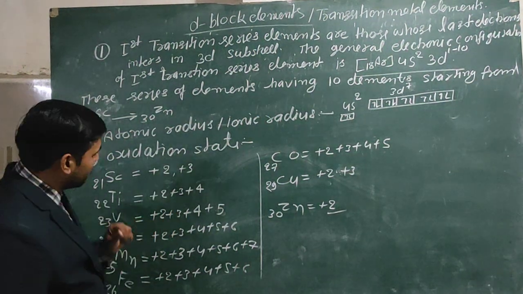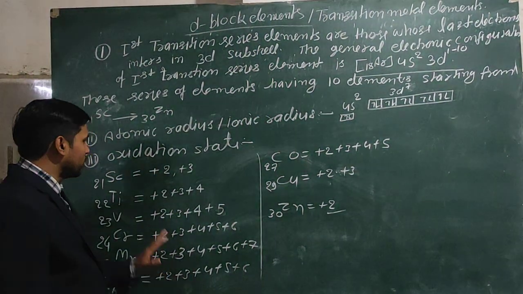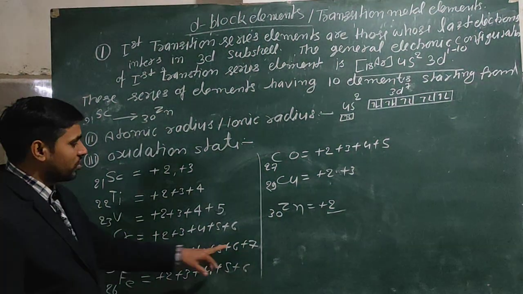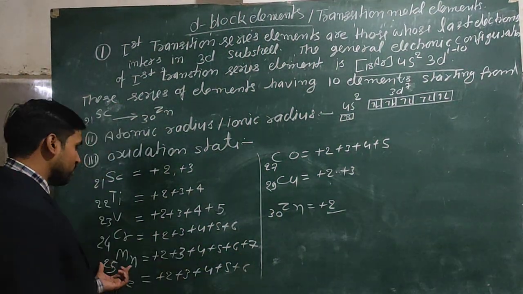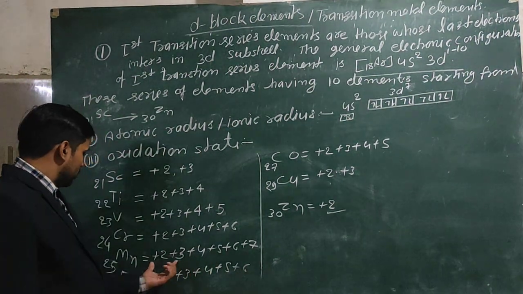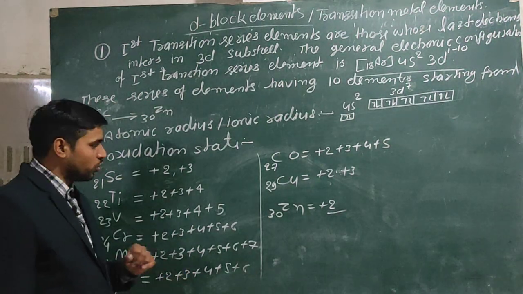But the stable oxidation state is +2 or +3 in case of the 3d transition series. The +7 oxidation state is only shown by manganese due to the presence of 7 electrons in its outermost shell.